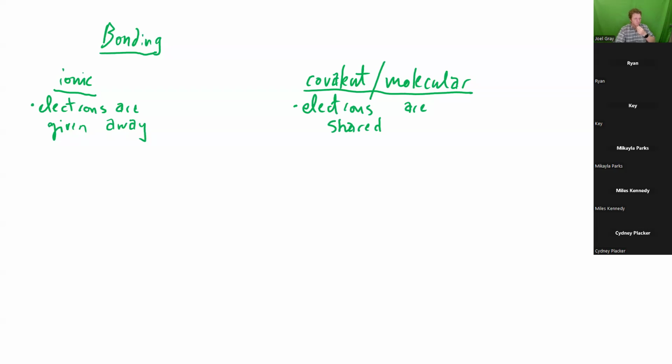Now, when we talk about sharing of electrons, we have to talk about this phenomenon, we'll call it hybridization. Whenever you hear about a hybrid, let me just share from my own personal thoughts.